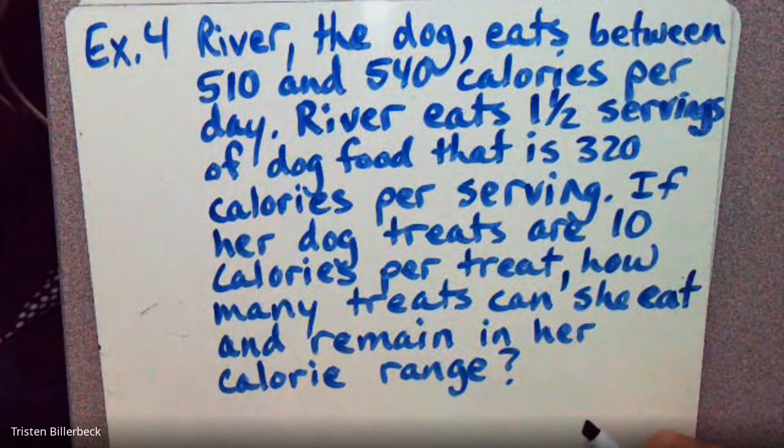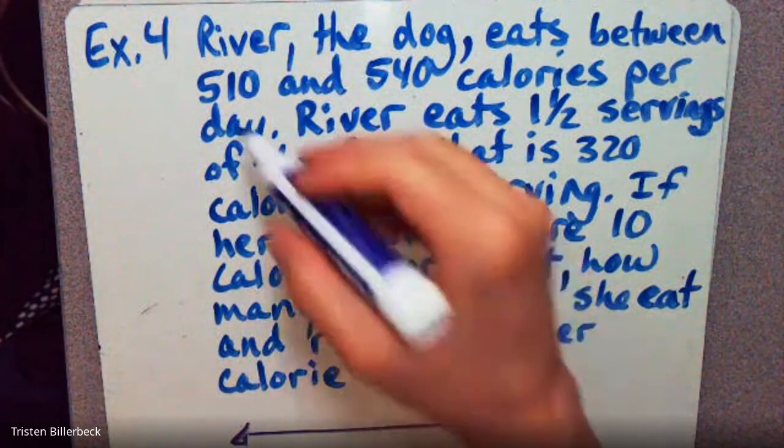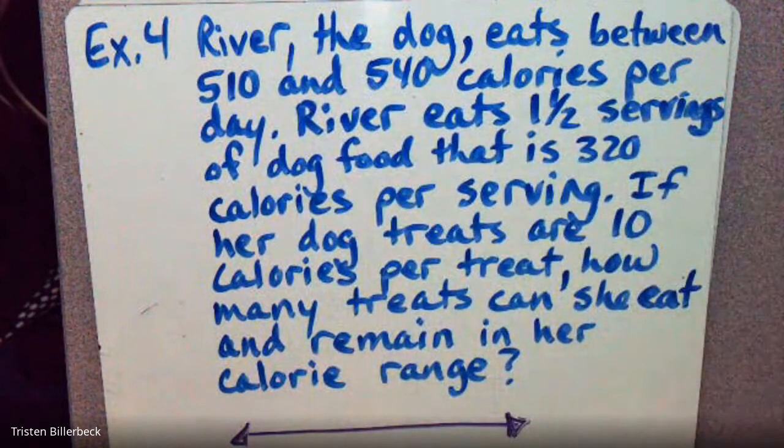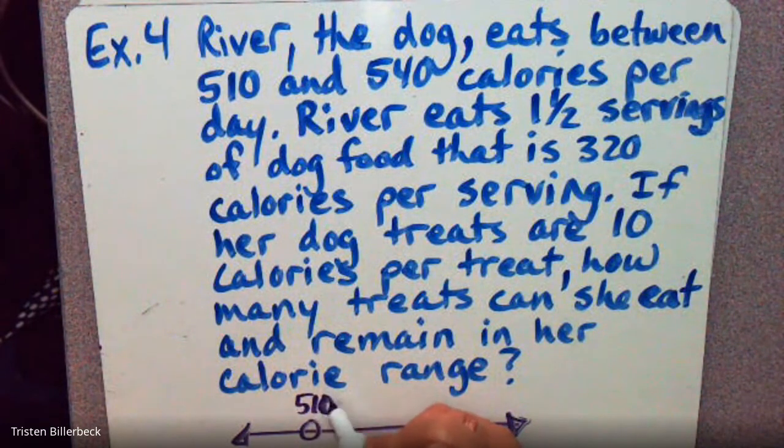Okay, so we have a range of calories. So it's between 510 and 540. Okay, so between, typically when it says between, it doesn't include, but it's a real life problem, so this would include.